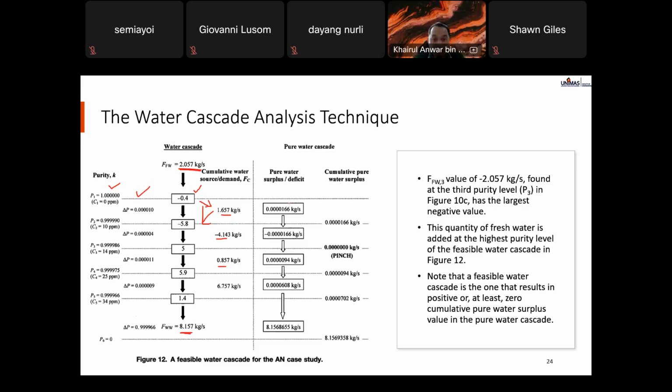Next is to do the pure water surplus deficit. So how to calculate pure water surplus deficit? To calculate pure water surplus deficit, we refer to the video.